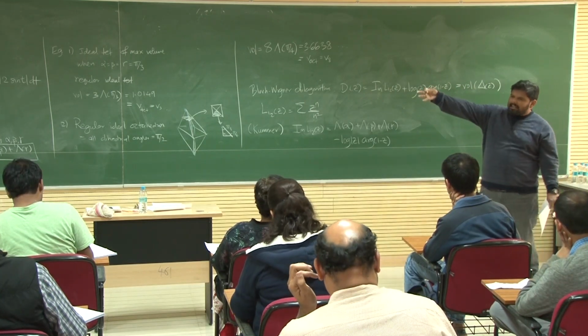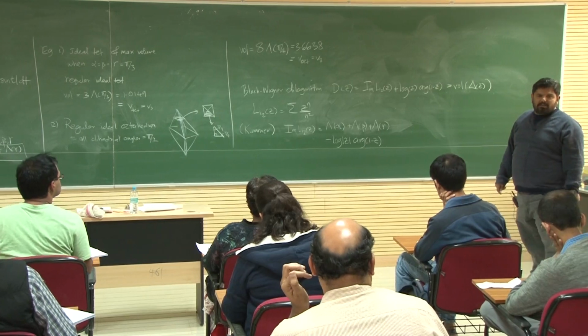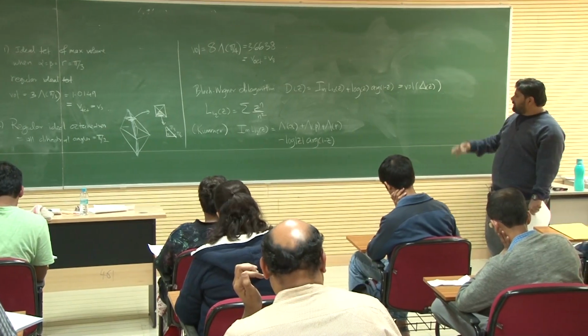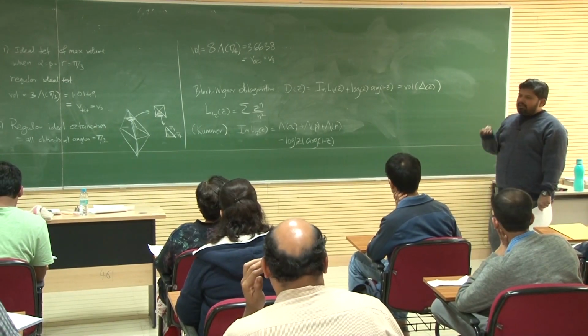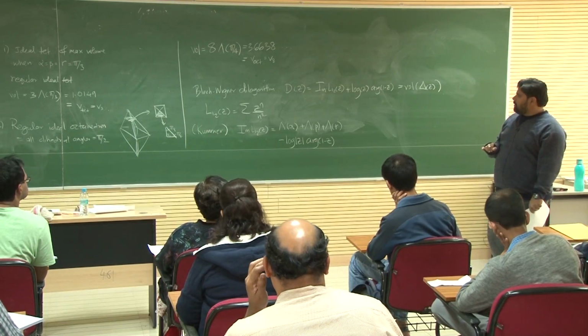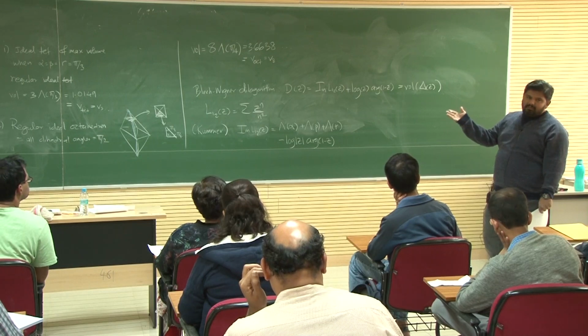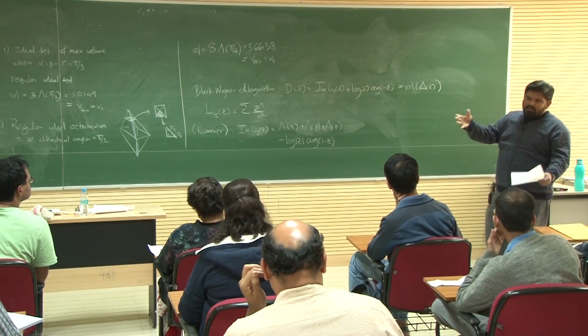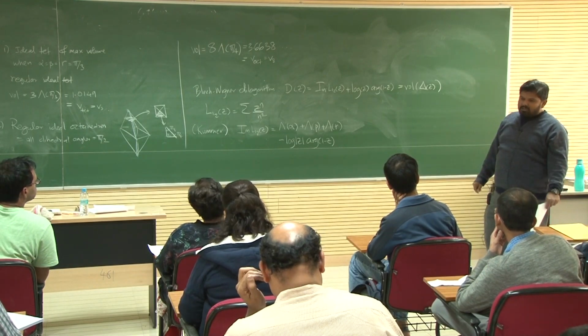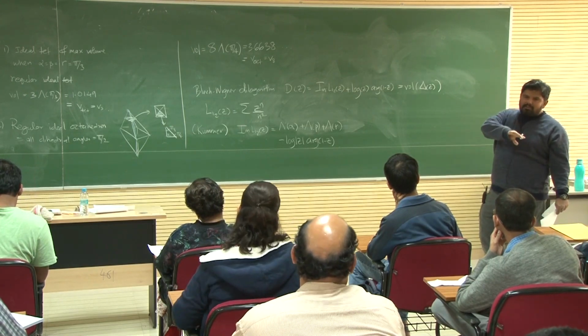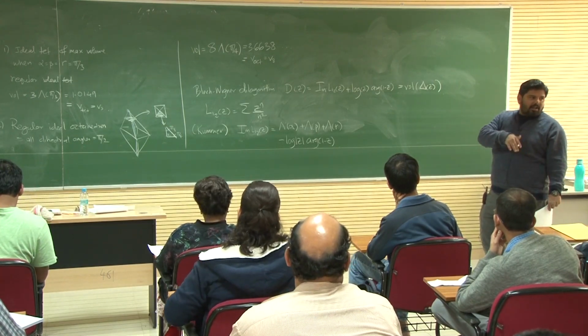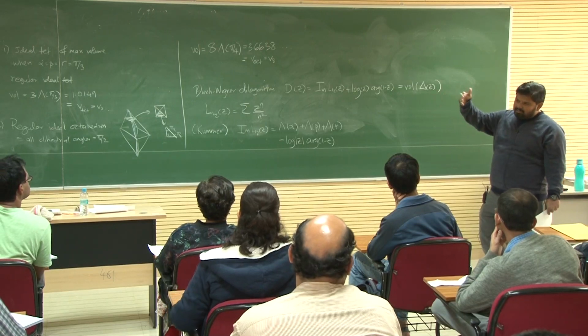It's a similar computation. The key point is that these functions can be defined not just by power series. If you define it as a power series, you are only going to have some radius of convergence. So you do analytic continuation, and then all of these functions are written as an integral.